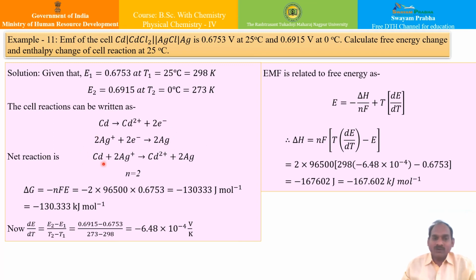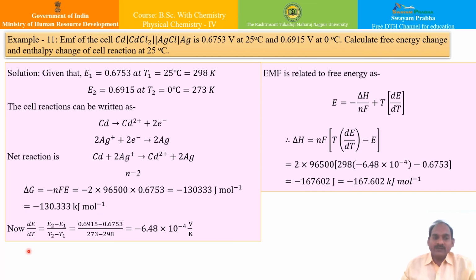So the overall reaction is cadmium plus twice silver ions gives cadmium ions plus two silver atoms. In the overall reaction, two electrons are involved, and therefore N is equal to 2, and delta G is equal to minus NFE, which is equal to minus 2 into 96,500 into 0.6753. It comes out to be minus 130,333 joules per mole, that is nothing but minus 130.333 kilojoules per mole.